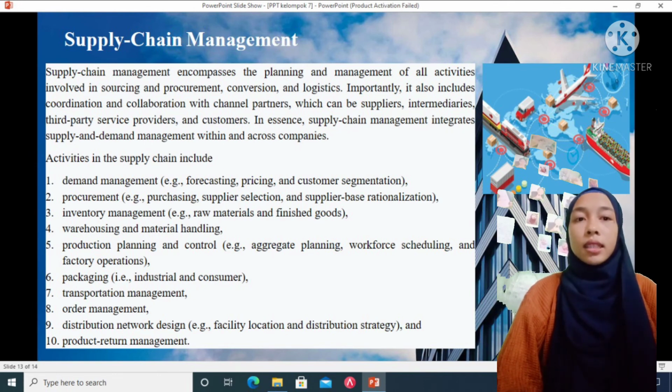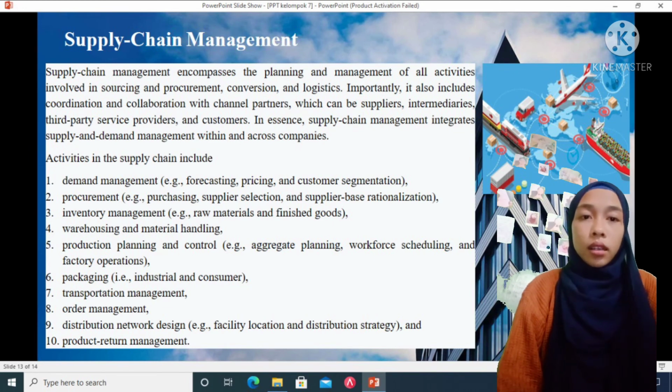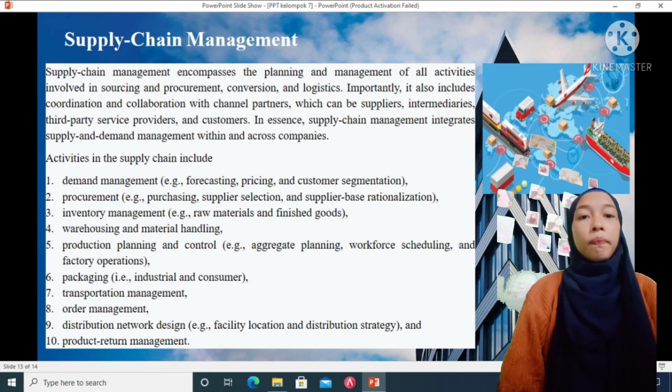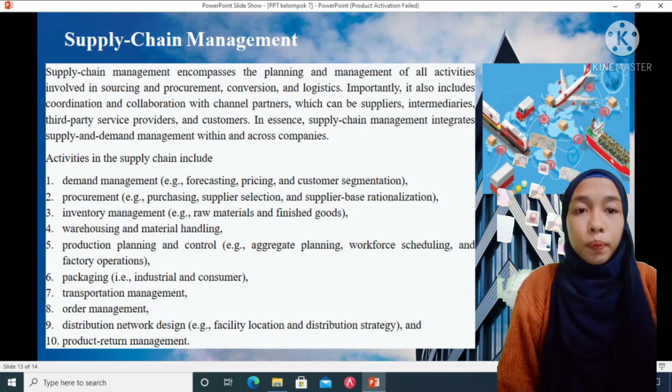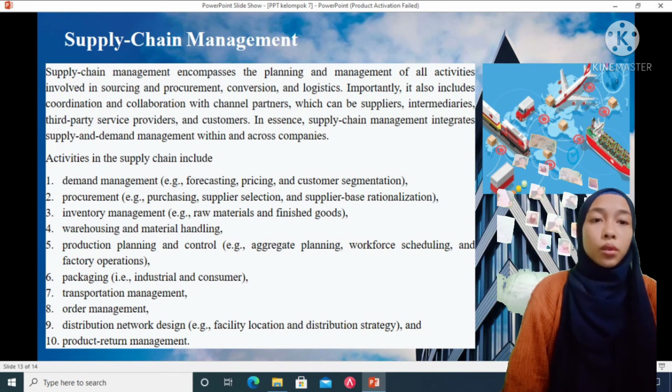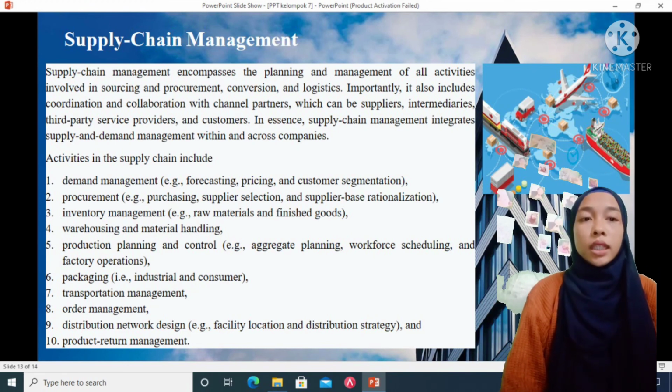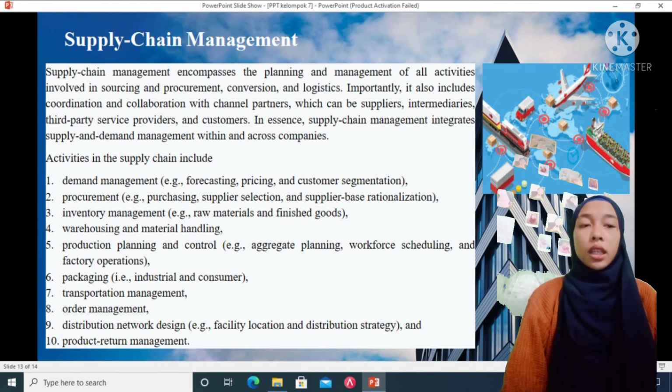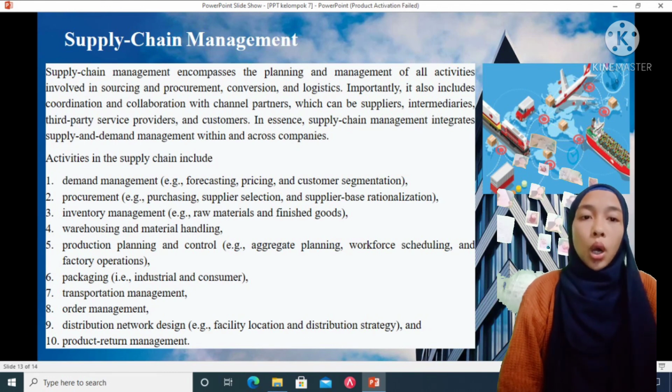Activities in the supply chain include: number 1, demand management, forecasting, pricing, and customer segmentation. Number 2, procurement, purchasing, supplier selection, and supplier base rationalization. Number 3, inventory management, raw materials and finished goods. Number 4, warehousing and material handling.